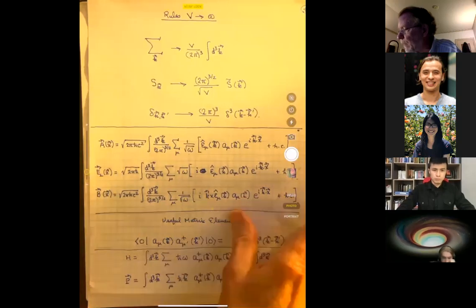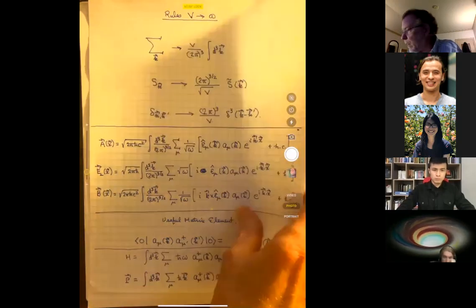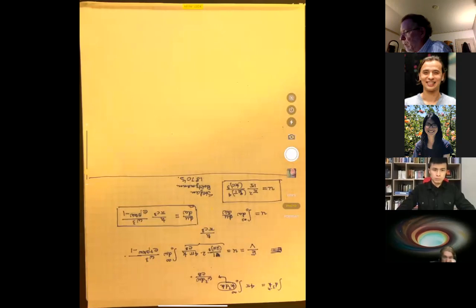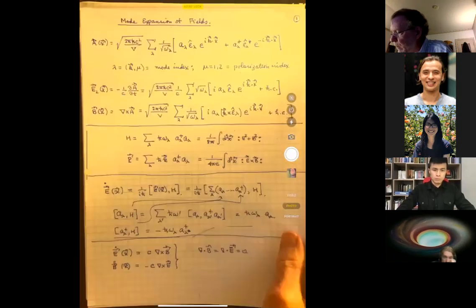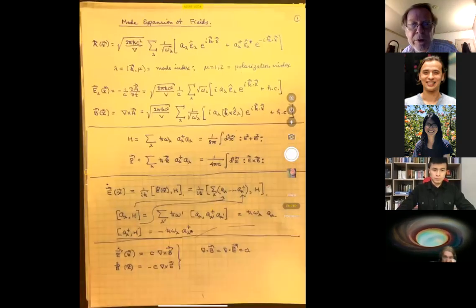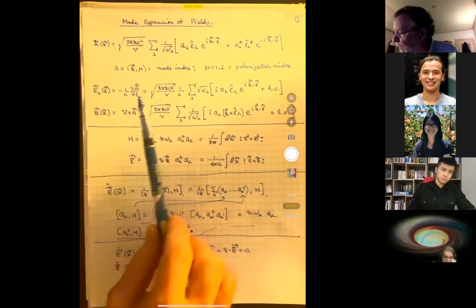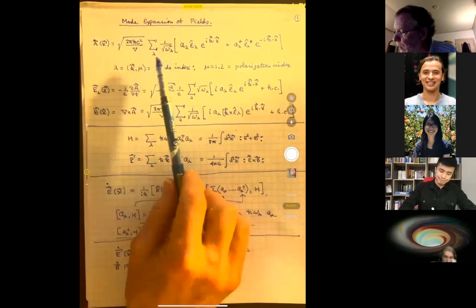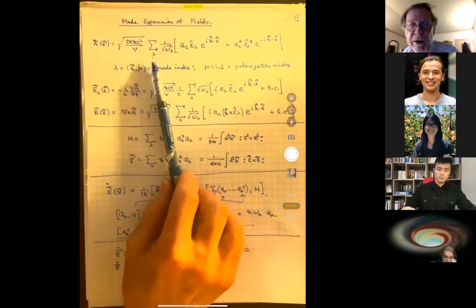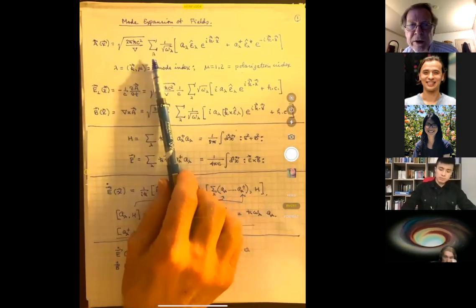But let's now apply them to the Fourier series, which I'll bring back yet once again, which we worked out in the previous lecture for these various fields, the vector potential, electric and magnetic fields. These are all Fourier series. This lambda involves a sum on both k and on mu, but in particular, it's a sum on k.